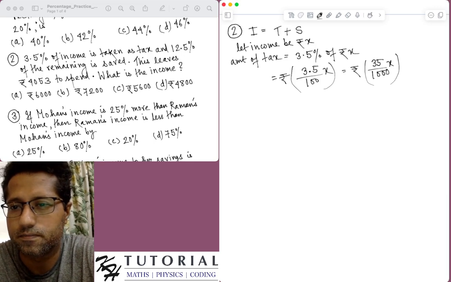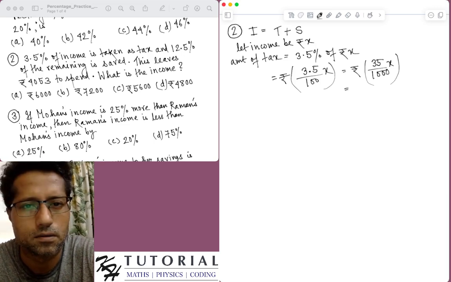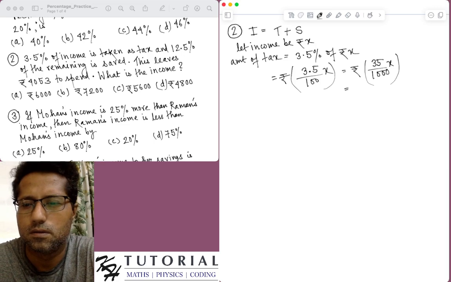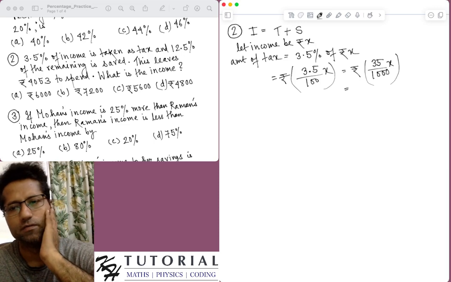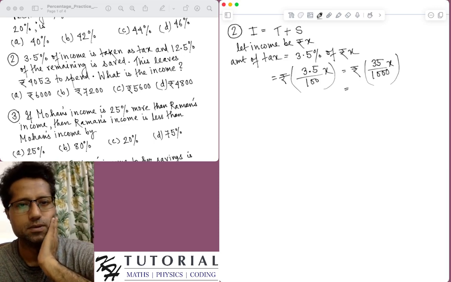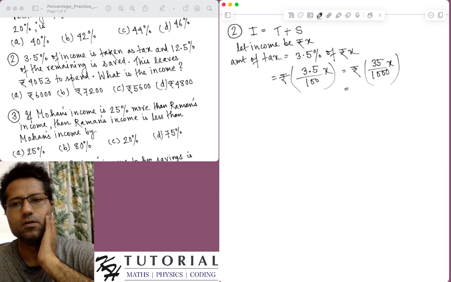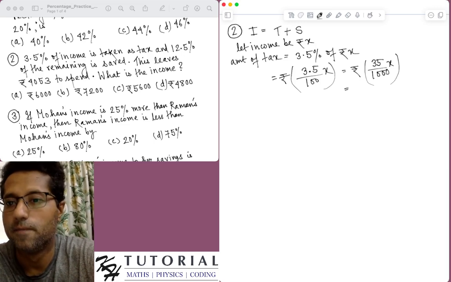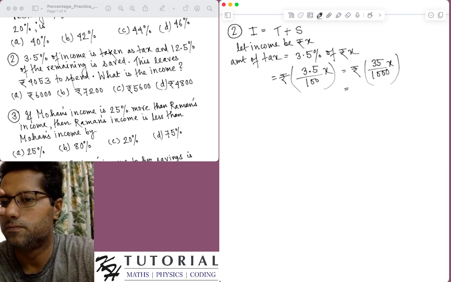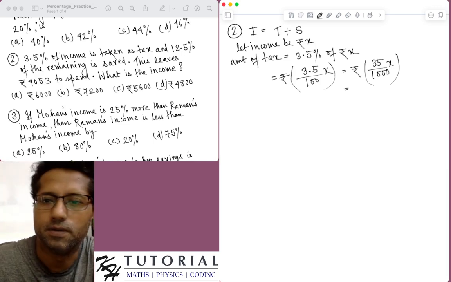Should we simplify 35 by 1000 or leave it like this, whichever will be more convenient for further computation? Let it be like this.